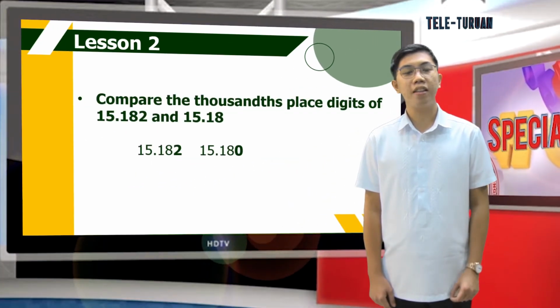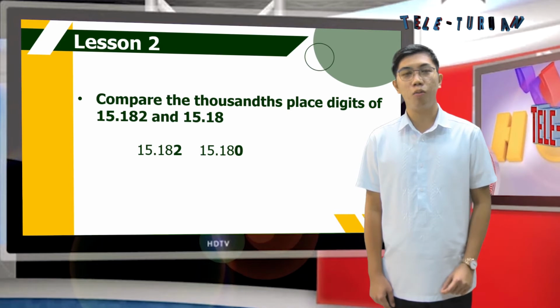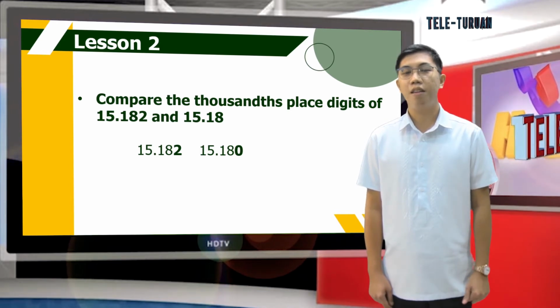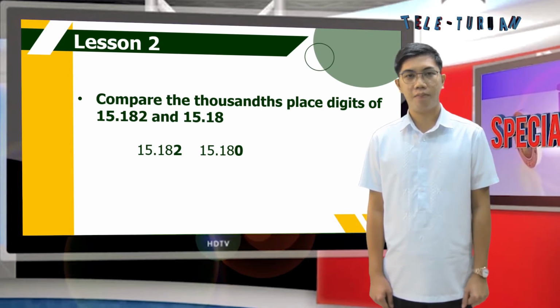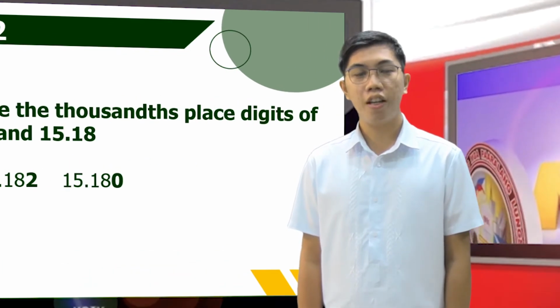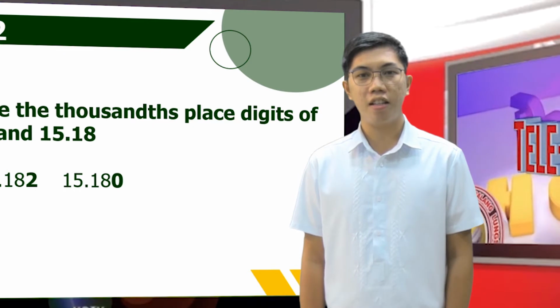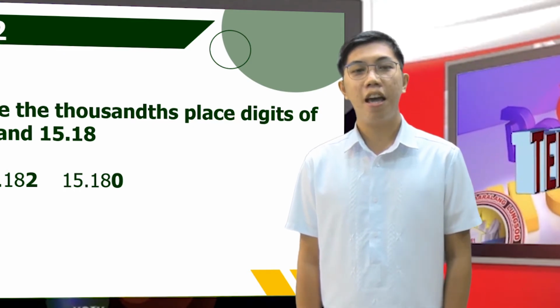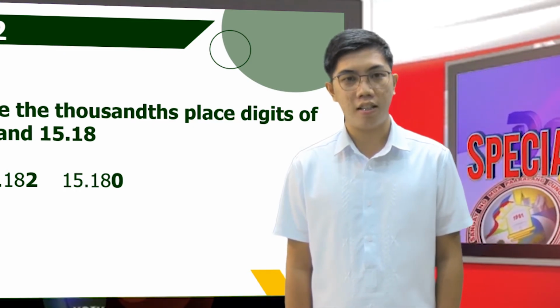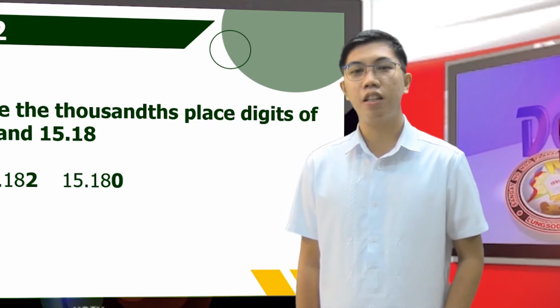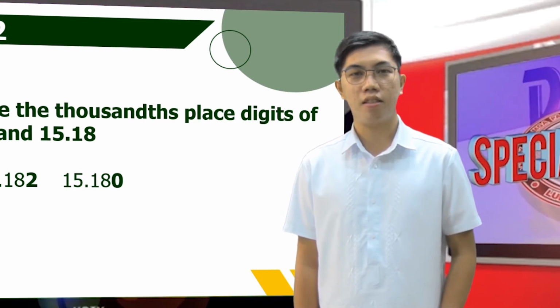Compare the thousandths place of 15 and 182 thousandths and 15 and 180 thousandths. 2 is greater than 0. Therefore, 15 and 180 thousandths is less than 15 and 182 thousandths, but greater than 15 and 147 thousandths.